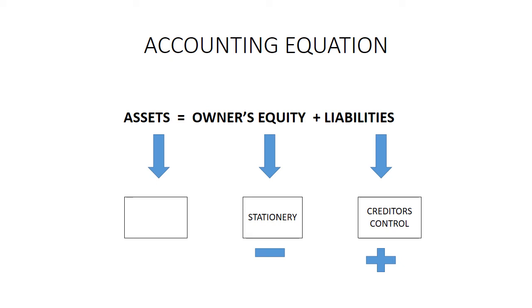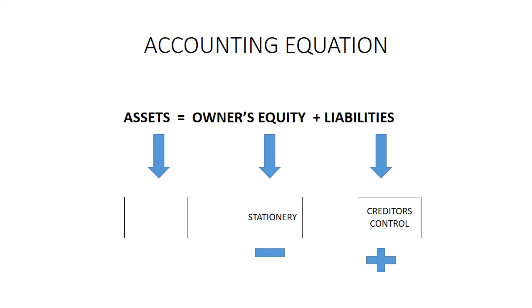But at the end of the financial year, once we determine the stationery or consumable stores on hand, those consumable stores on hand become an asset. Then the stationery that was bought during the year and was used or consumed will remain an expense.